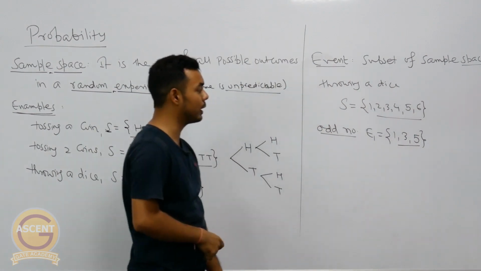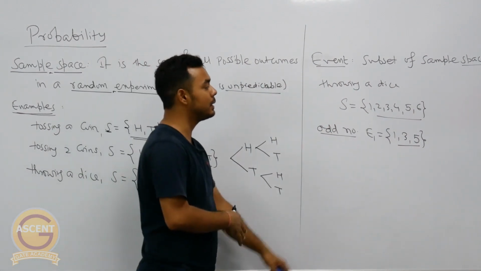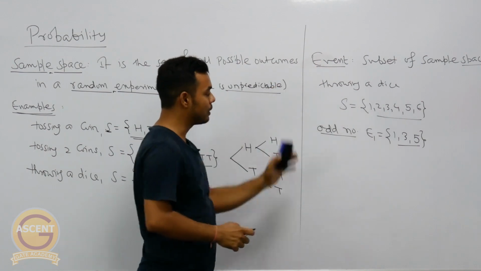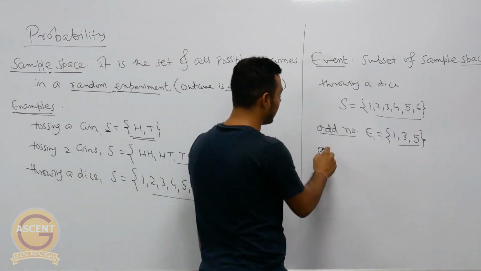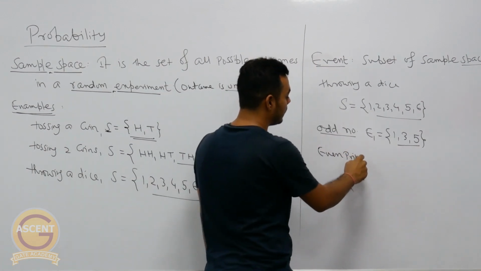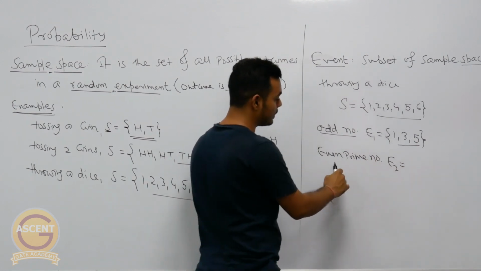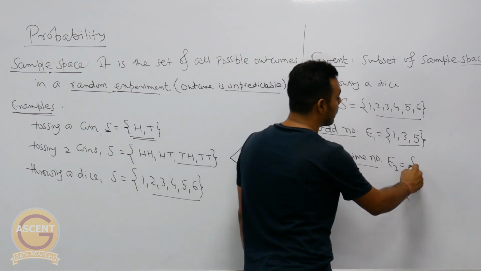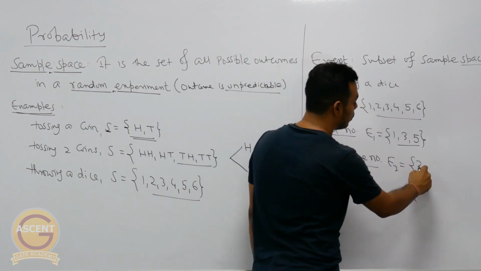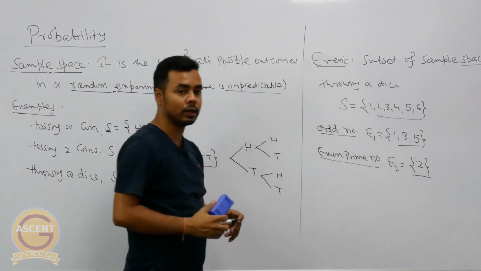In a similar manner you can define many other subsets, and each subset will be an event. For example, you can think of the outcome being an even prime number. So this means our event E2 represents that the outcome is an even prime number. Now the only even prime number is 2. So this means event E2 is {2}.